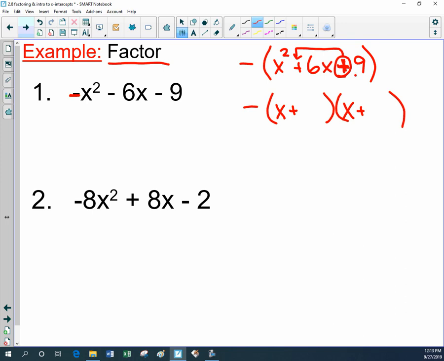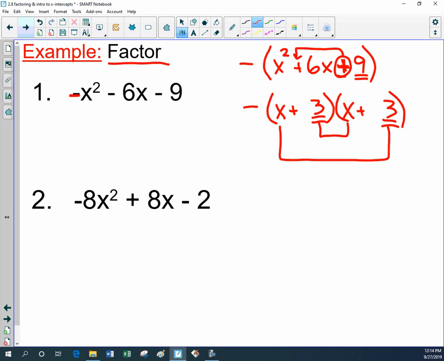Then factors of 9 would go in these two spots. My possibilities are 1 and 9 or 3 and 3. By now, hopefully, we can do a little bit of the mental math here. If I put 1 and 9 in, is that going to give me 6? Nope. So 1 and 9 is not going to work, so I try 3 and 3.